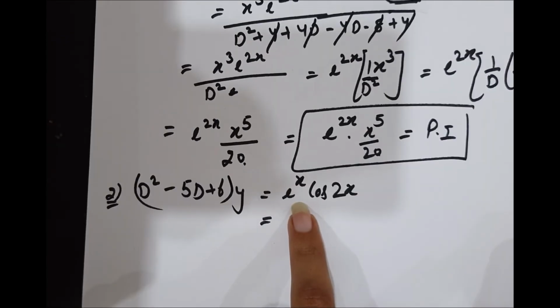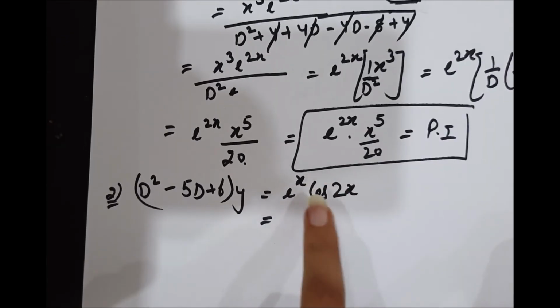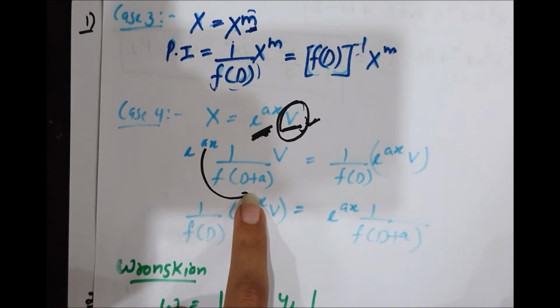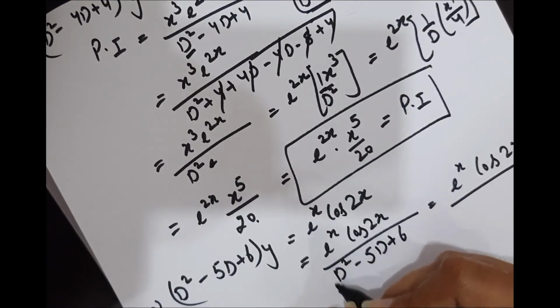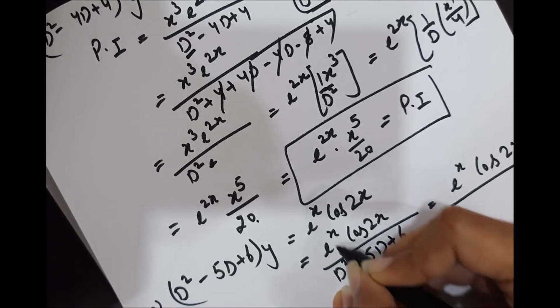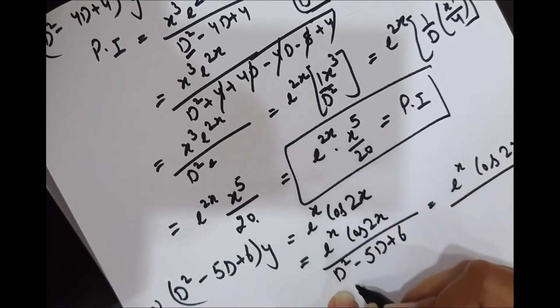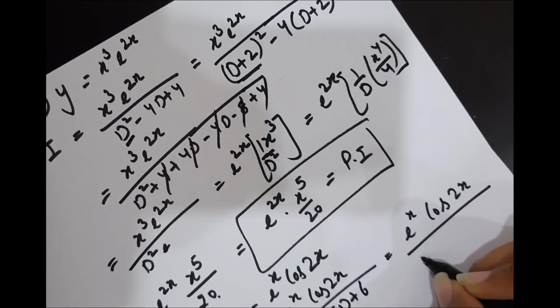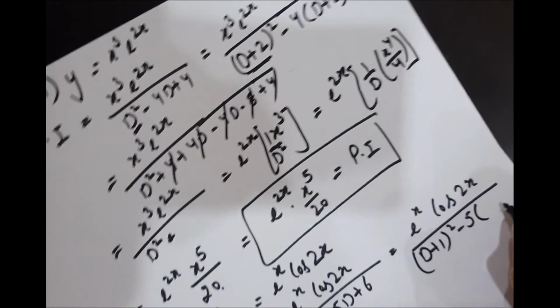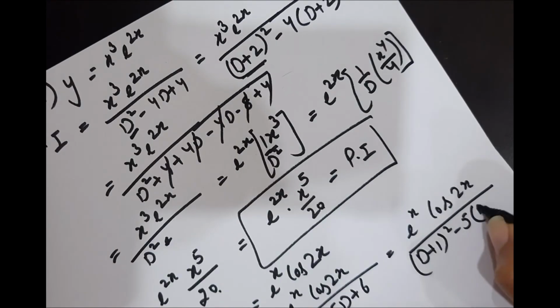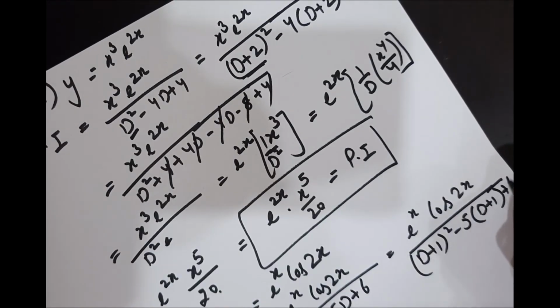Now in this question, this exponential is with a cos function. Again, this exponential with D plus a. Now in place of this D square, do D plus a. What is a? Here a is 1. We will do D plus 1, that is D plus 1 square minus 5. In place of this D also, D plus 1 plus 6.